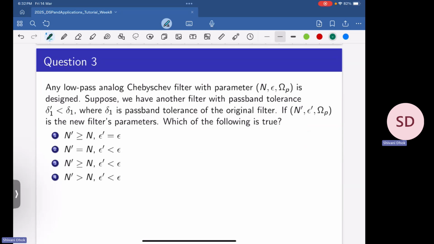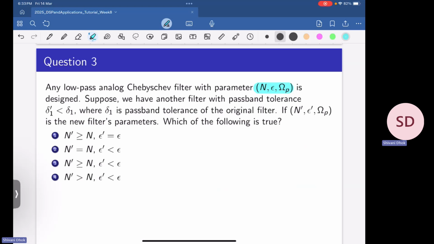So this is the next question that we have. It says that any low pass analog Chebyshev filter with these three parameters, that is n, epsilon and omega p, is designed.